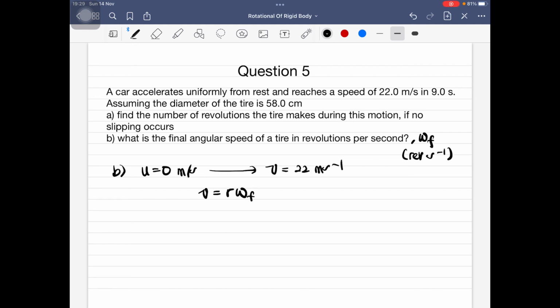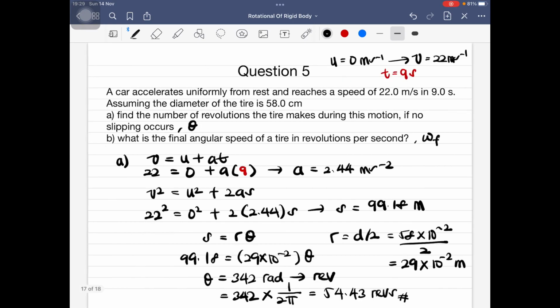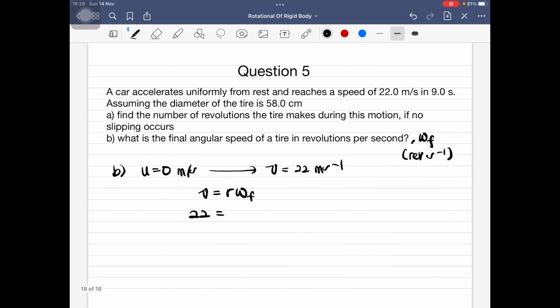Okay, so v is 22 meter per second. Your r just now is 29 times 10 to the power of negative 2 because it is in centimeter, and then our final angular speed omega f.